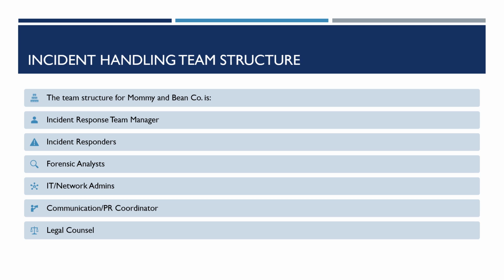Another important piece of our incident handling is our team structure, which will be comprised of our incident response team manager, the incident responders, forensic analysis, IT network admins, communication and PR coordinator, as well as our legal counsel.